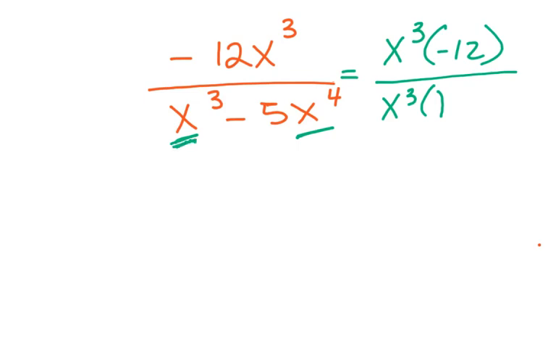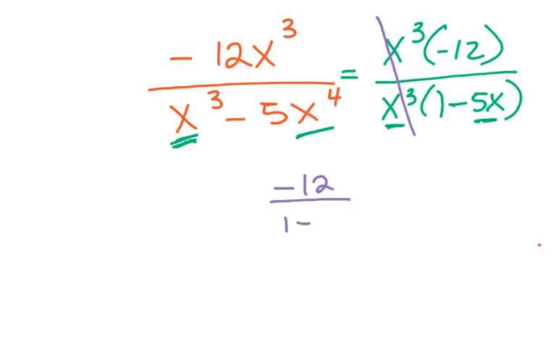See that? Well, then I'll say minus 5x, because x to the third times x to the 1 is x to the fourth. Well, can I cancel those two things out? They just cancel out. So what do I have left? I have a negative 12 over 1 minus 5x. That's my answer, and I'm sticking to it.